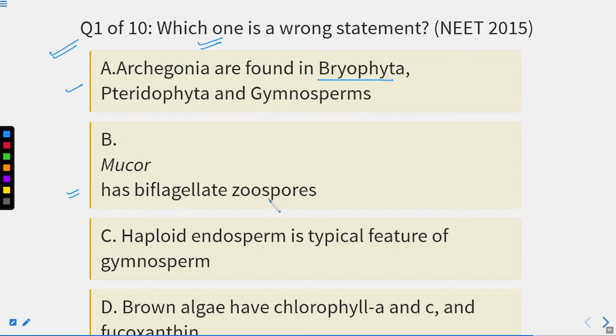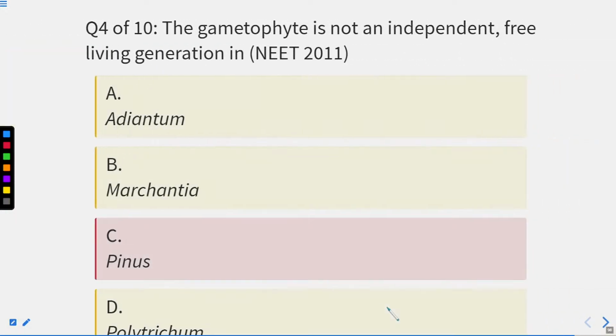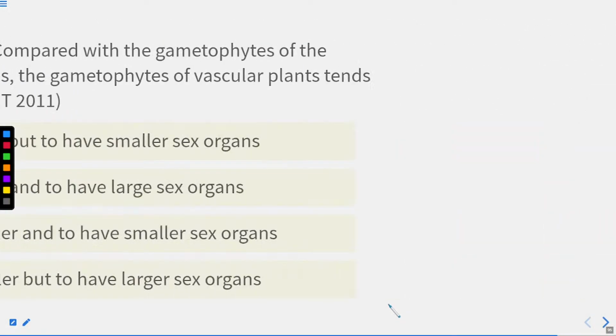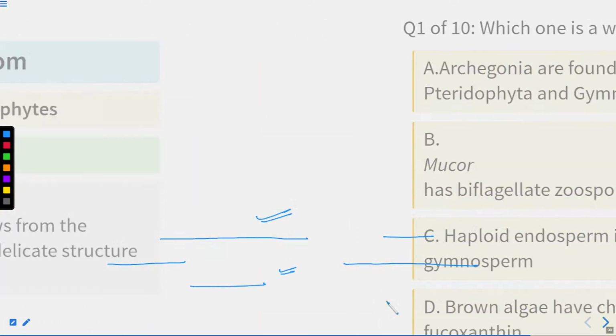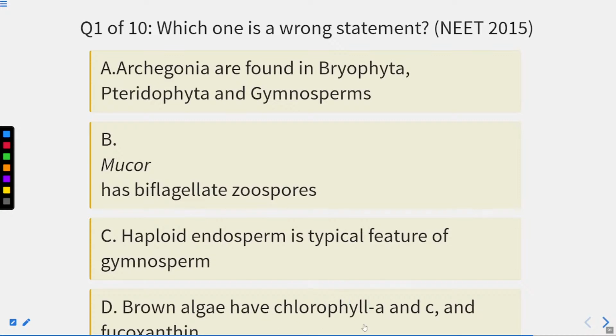Mucor has biflagellated zoospores. Haploid endosperm is the typical feature of the Gymnosperm. Brown algae have chlorophyll A and C and fucoxanthin. So we have already studied the algae, right? So brown algae, we studied yesterday, is having chlorophyll A and C, right?